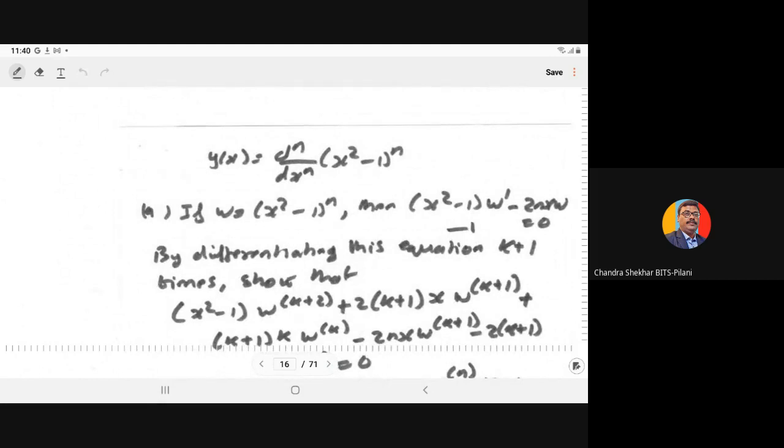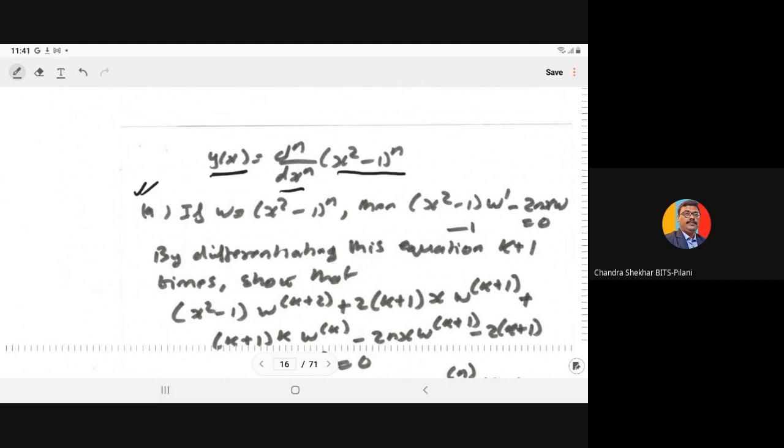It is defined by y(x) equal to the nth derivative with respect to x of (x squared minus 1) to the power n. Now, if w is equal to (x squared minus 1) to the power n, then (x squared minus 1) w dash minus 2nx w is equal to 0.